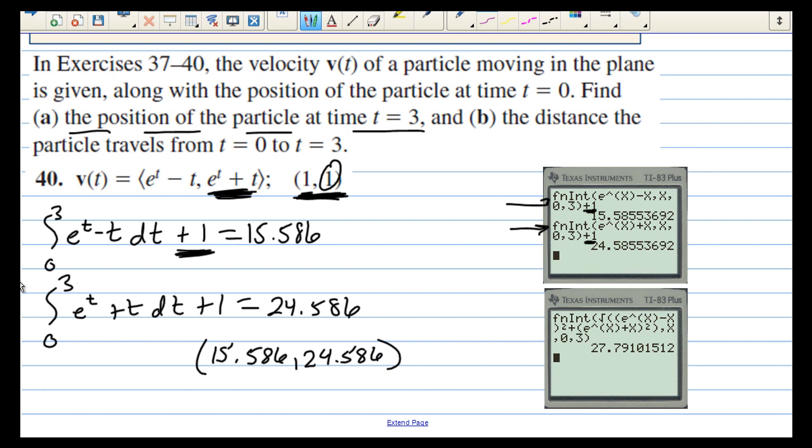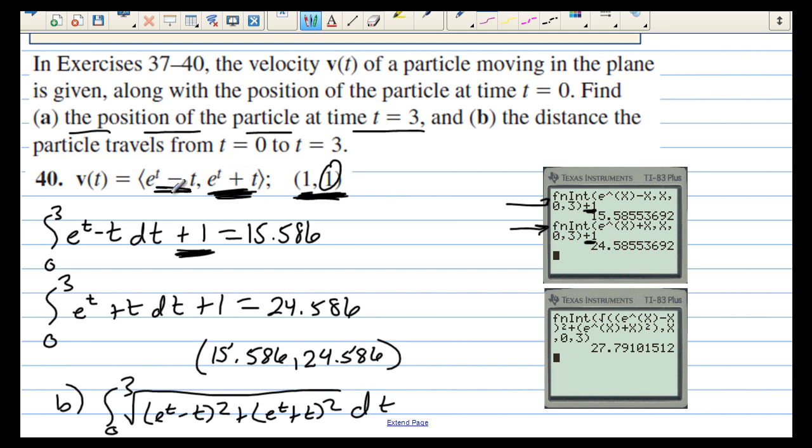24.586. Now in letter B, it says find the distance the particle travels from t equals 0 to t equals 3. That's the integral from 0 to 3 of the square root of (e^t minus t) squared plus (e^t plus t) squared dt.